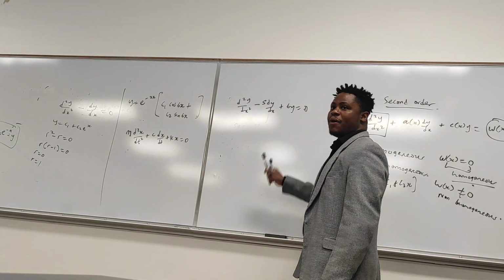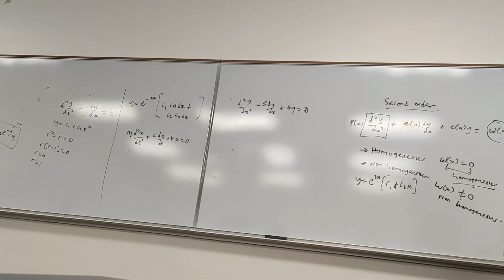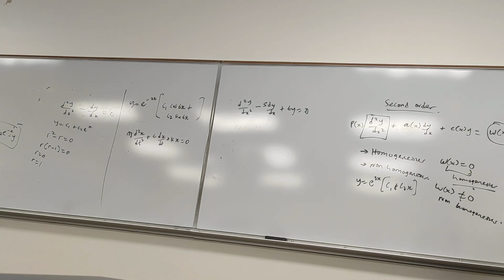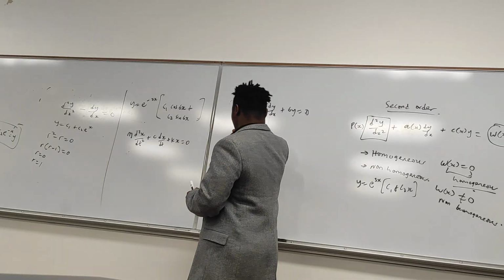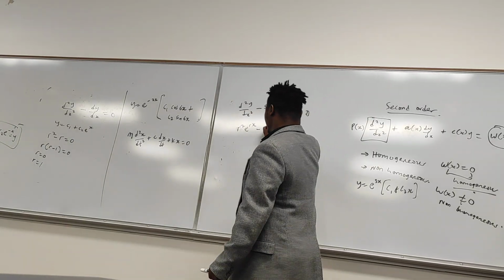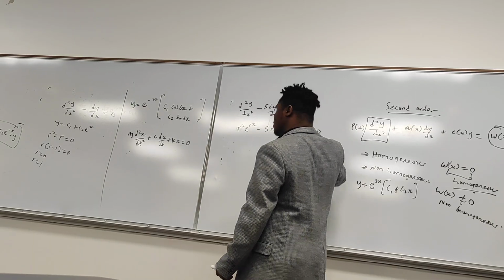Here, remember, if we want to do this question, when we're deriving the formula, we assume our y is exponential rx, right? That's what we assume. So if you assume that, d squared y over dx squared will be r squared exponential rx, and we derive this: r squared exponential rx minus 5r exponential rx plus 6 exponential rx is 0.